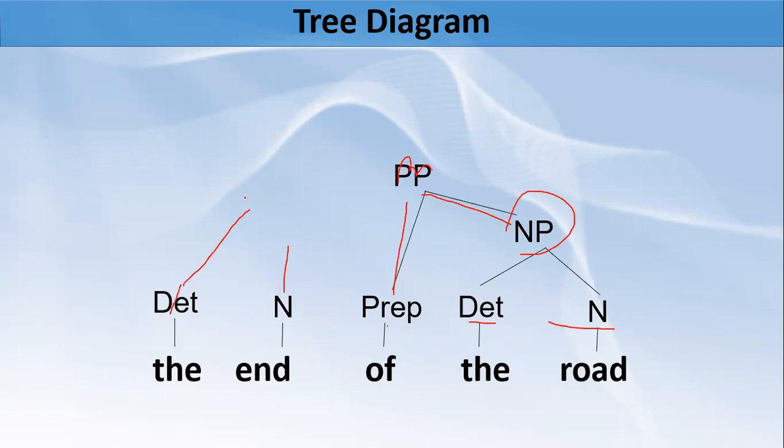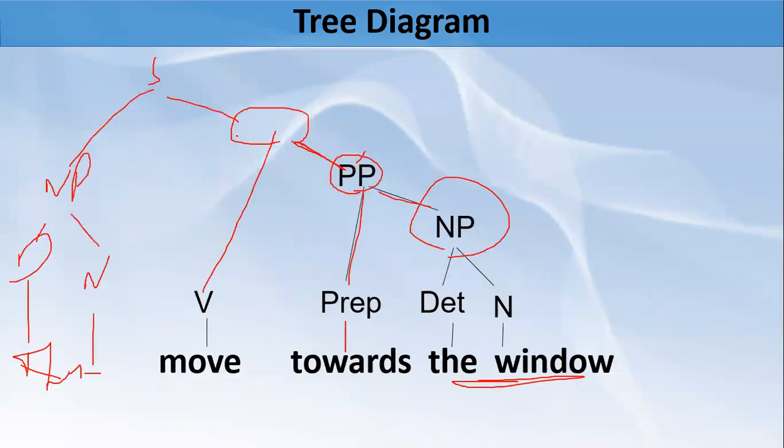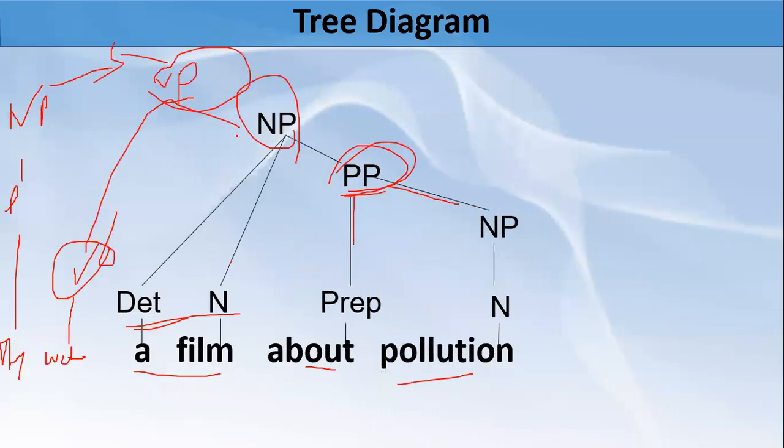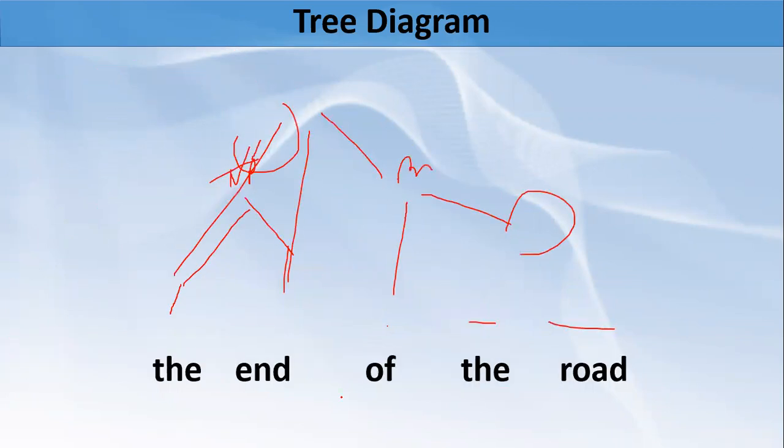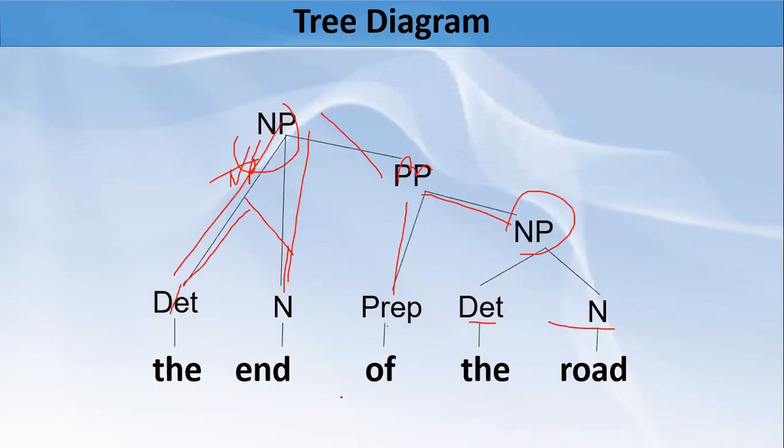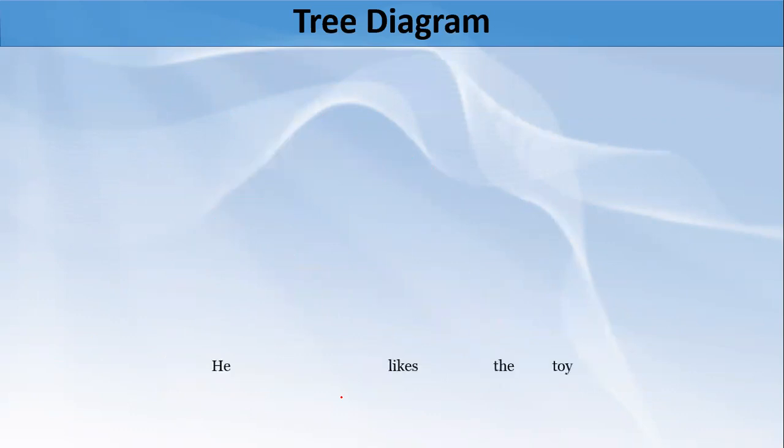So here we have a noun phrase, just like the previous example, "a film about pollution". In the same way, we have "the end of the road". Clear?